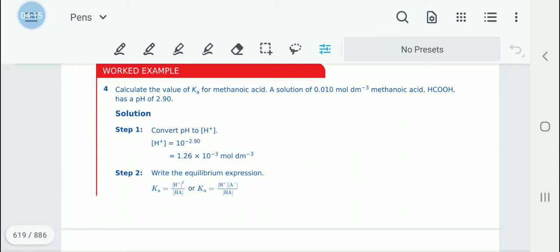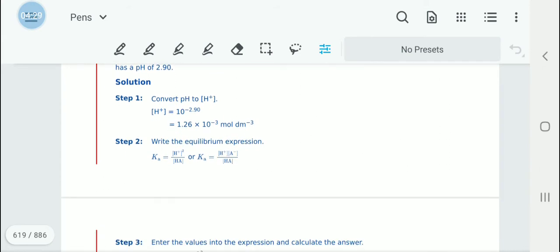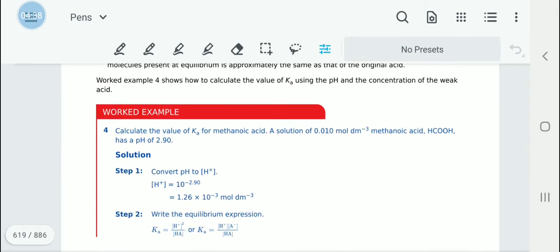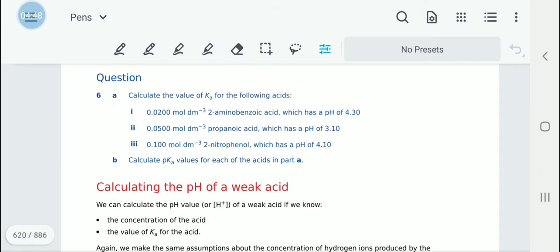Then we write the equilibrium expression, that is [H+] squared over [HA]. The concentration of H+ ions is 1.26 × 10^-3. We square that, since A- is also the same, and divide by the HA concentration, which has been given as 0.010. Then when we divide it, we get Ka to be 1.59 × 10^-4 mol per cubic decimeter. I hope that made sense.